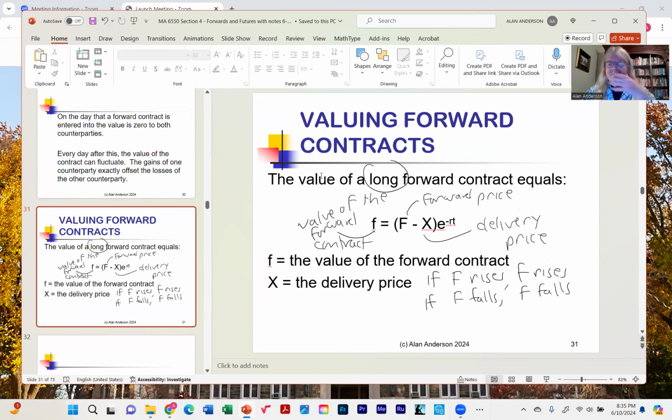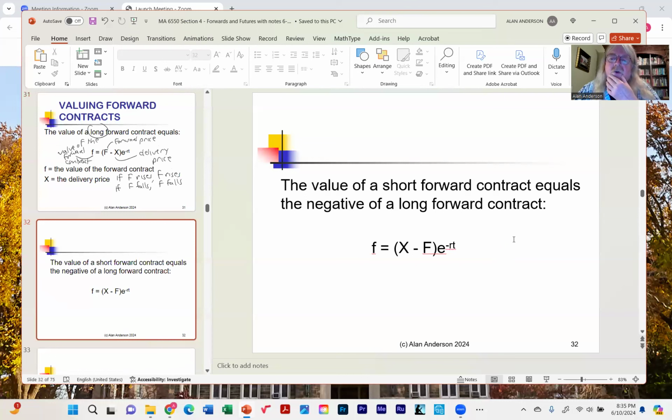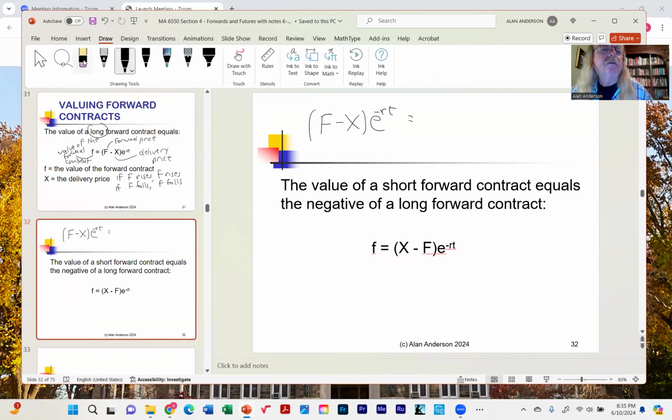And then we reverse this for the short position. And if you notice, the two of them add up to zero, no matter what. In other words, these two add up to zero. And of course they do.